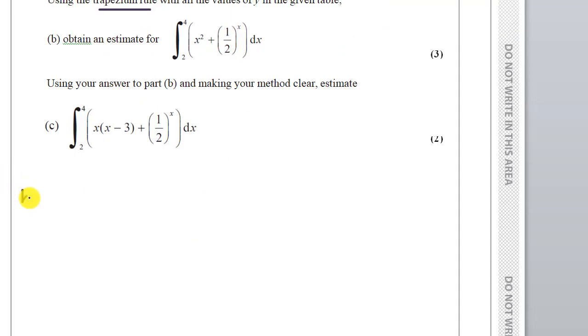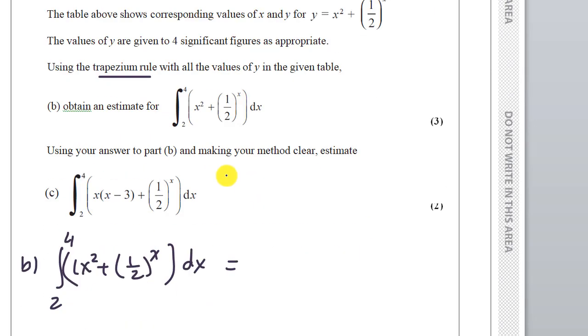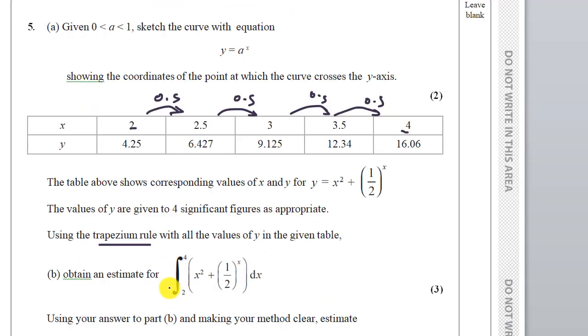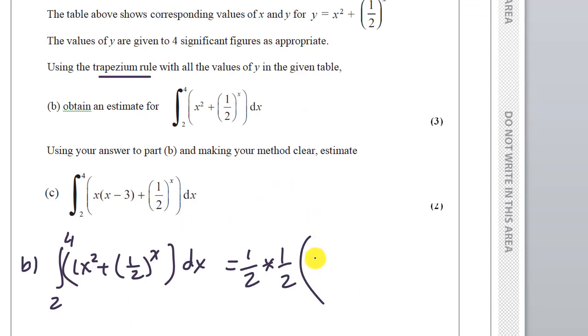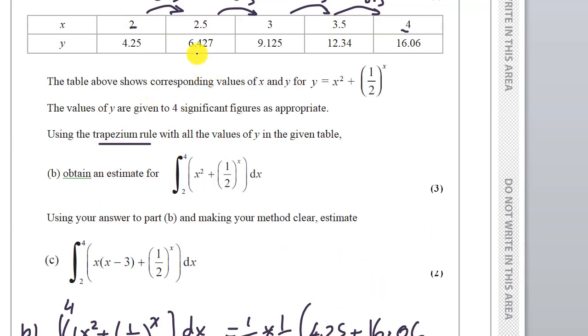The integration, this is part B, the integration from 2 to 4 of x squared plus half power x dx is equal to half multiplied by h, half multiplied by half, multiplied by the first term, which is 4.25, plus the last term 16.06, plus 2 multiplied by the remaining terms 6.427, 9.125, and 12.34.